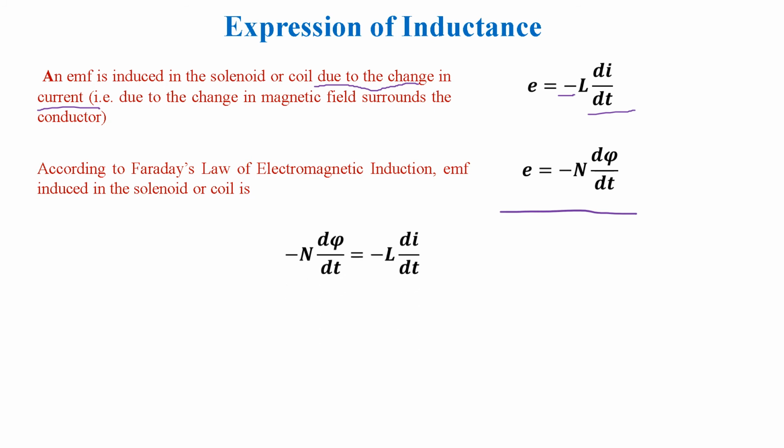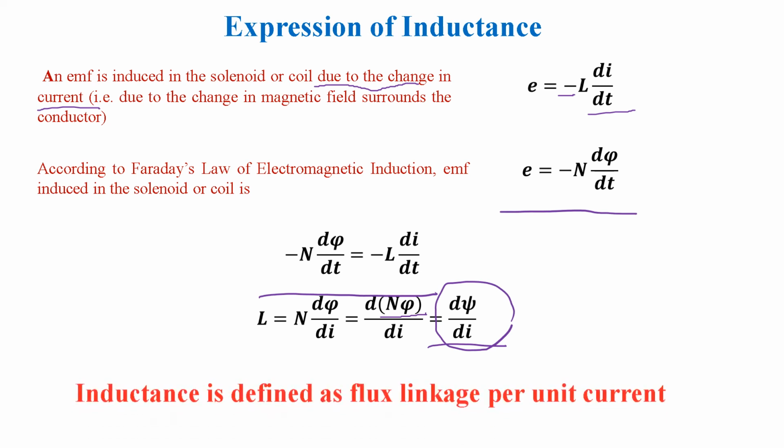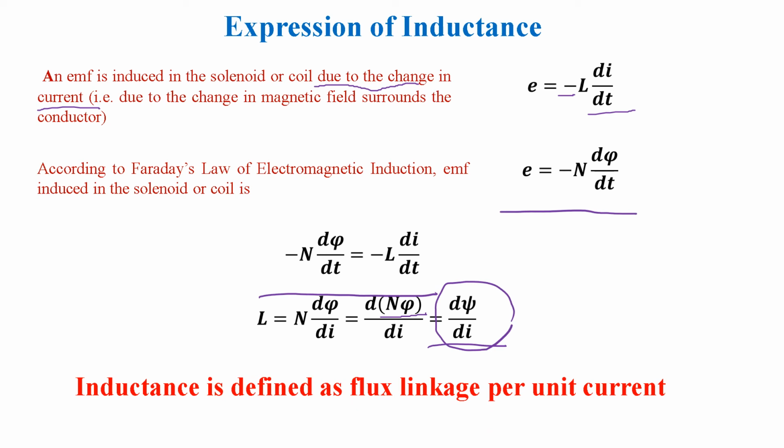So we can write these two equations as similar. From minus N d phi by dt equals minus L di by dt, if you rearrange, we get inductance L is equal to d psi by di, where psi is equal to the product of N into phi, meaning flux linkage is equal to number of turns into the flux. In other words, inductance is the flux linkage per unit current.